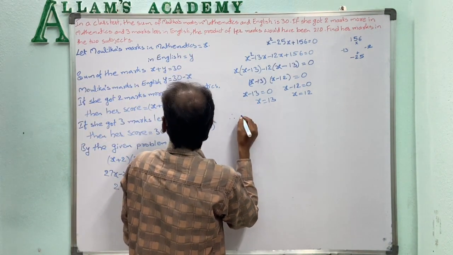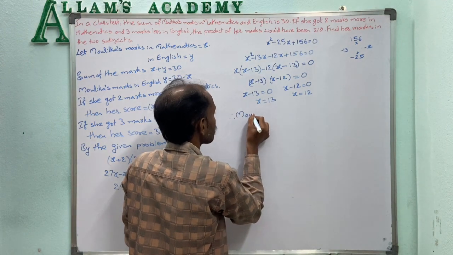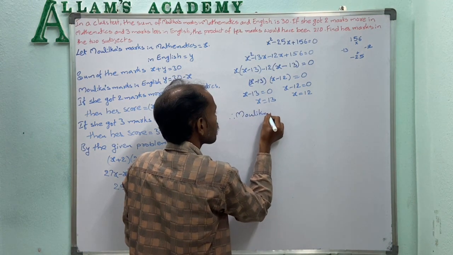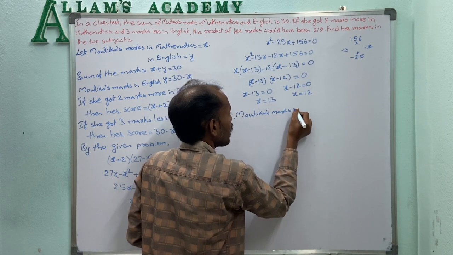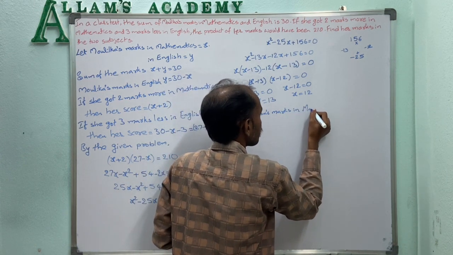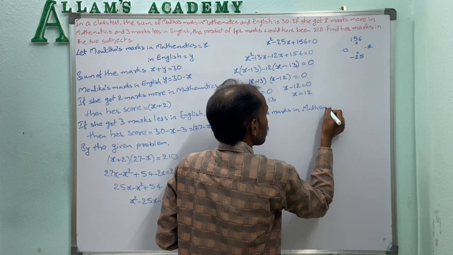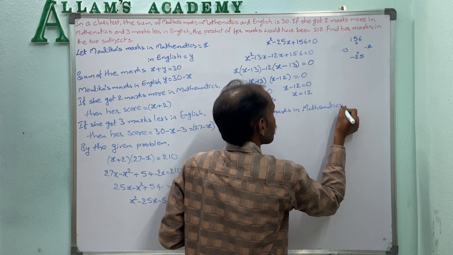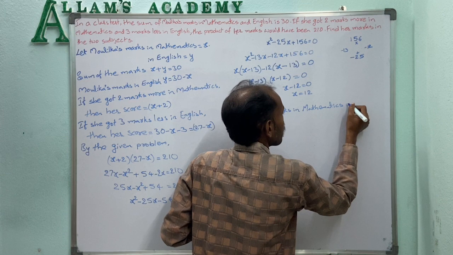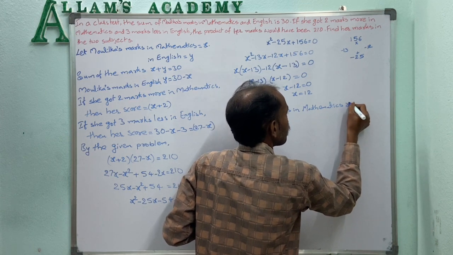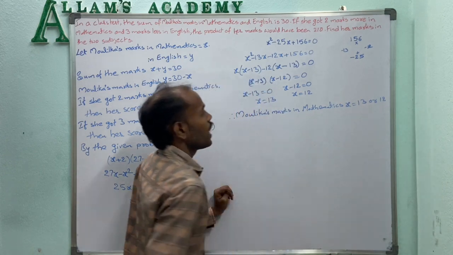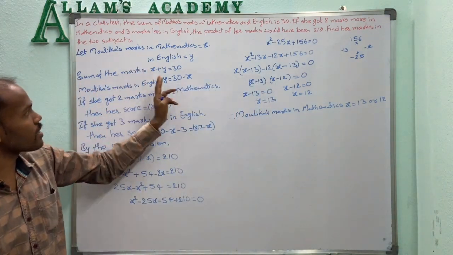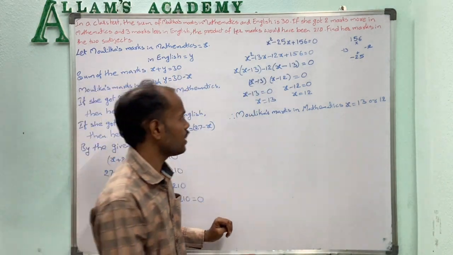Therefore Moulika's marks in mathematics equal 13, otherwise 12. Next, in English her score is 30 minus x.